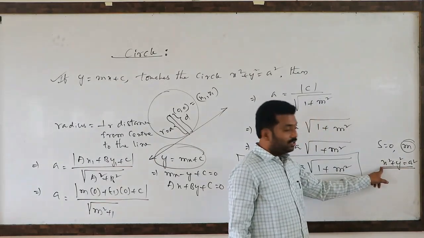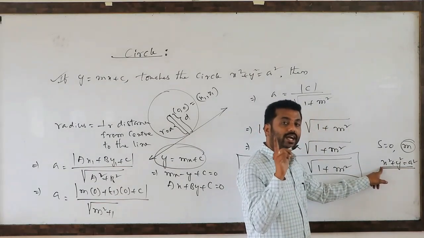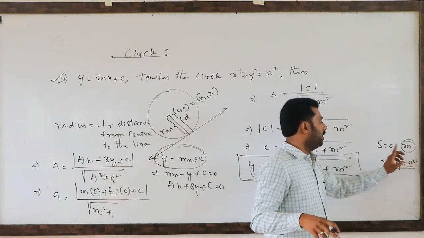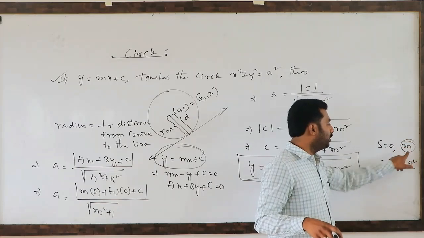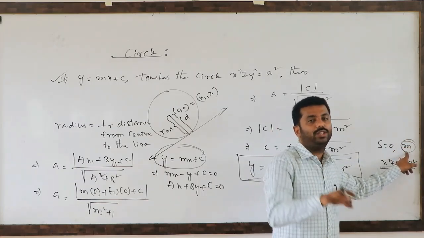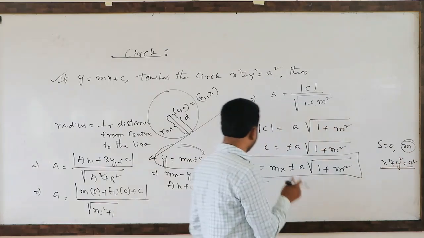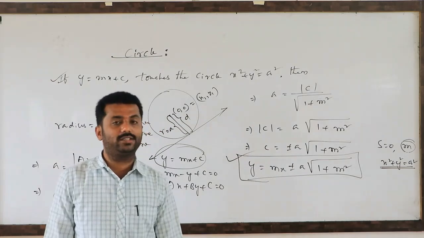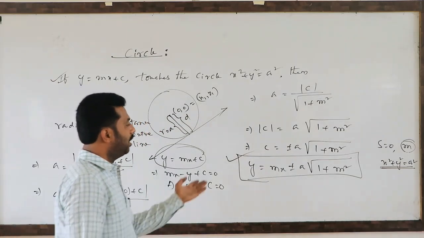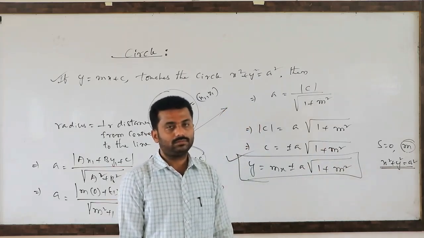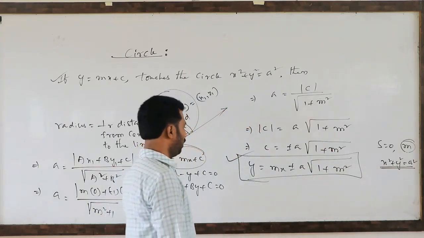To this circle one tangent will be there, that we don't know. Instead, the slope is given. They have not given the tangent, they have given the slope. Then how to calculate the equation of the tangent? It is y equal to mx plus or minus a, where a means the radius of the circle, into root of 1 plus m square.